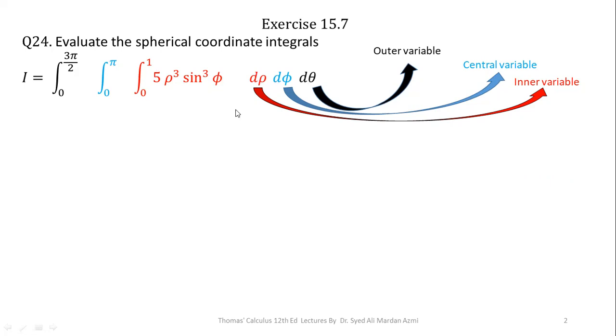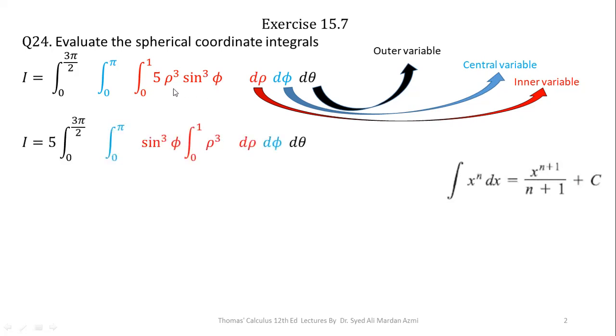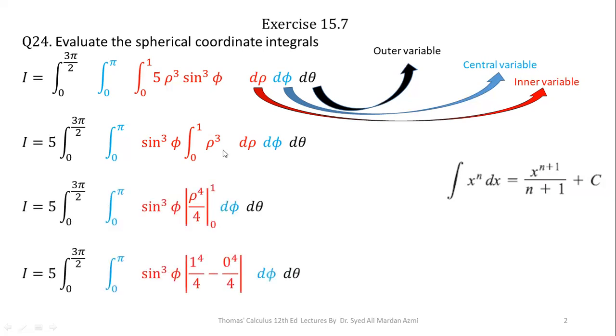Next, in order to start the process of integration, please note that with respect to rho, phi and sine cube of phi are constant. They remain as they are. We can take them outside of the integral and we can apply the rule of integration on rho cube with the help of this formula: integration of x raised to power n dx is equal to x raised to power n plus 1 over n plus 1 plus c. So integration of rho cube is rho raised to power 4 over 4. In the next step, we will apply the limits by using the fundamental theorem of calculus.